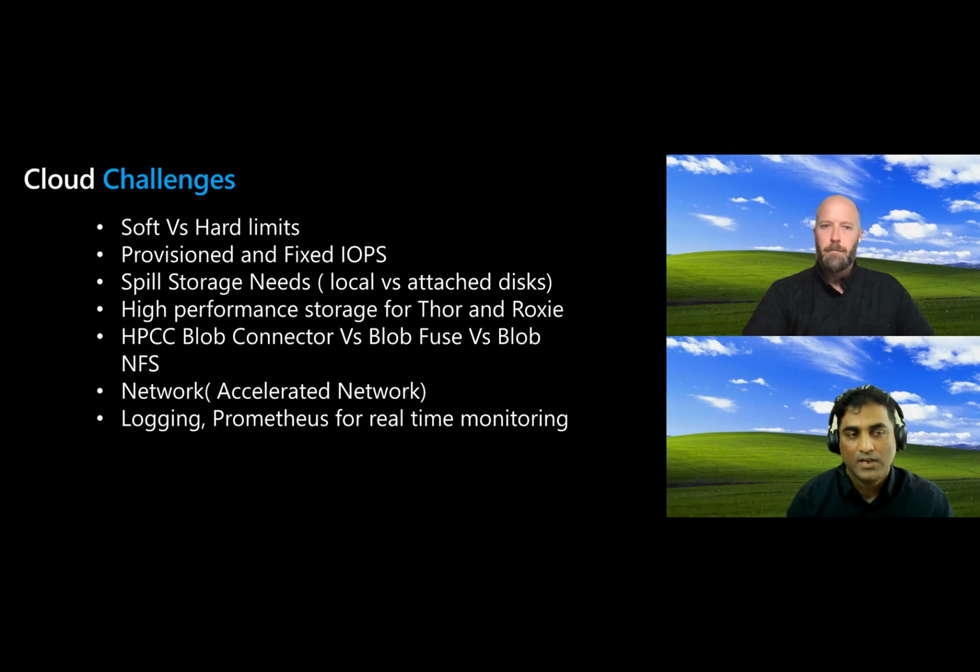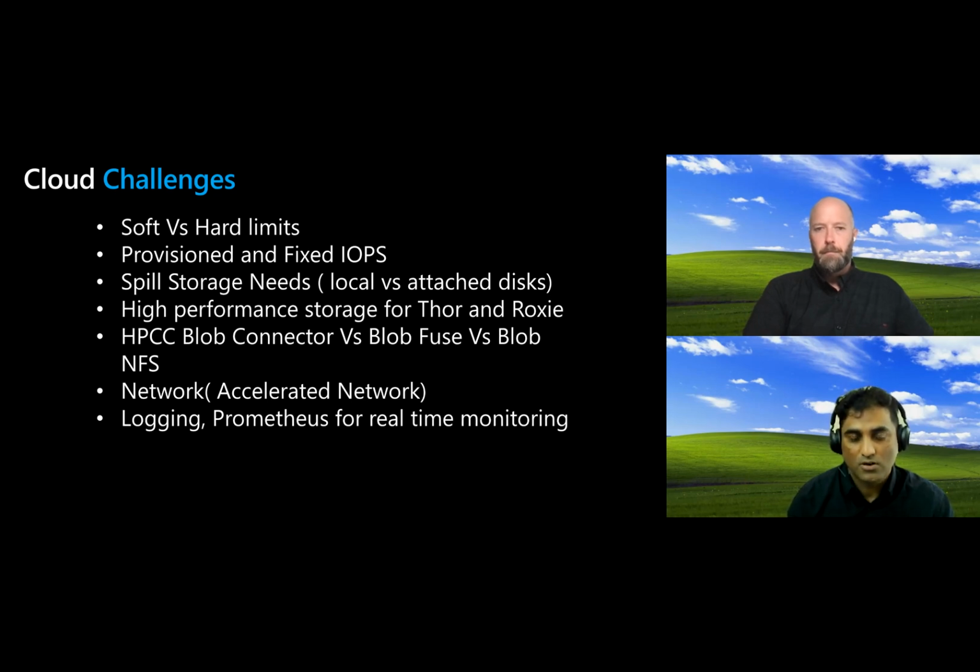Now, from Thor's perspective, as you know, it's an ETL engine and is bandwidth heavy. So you have to choose a storage service that can support running that sort of job on Thor.